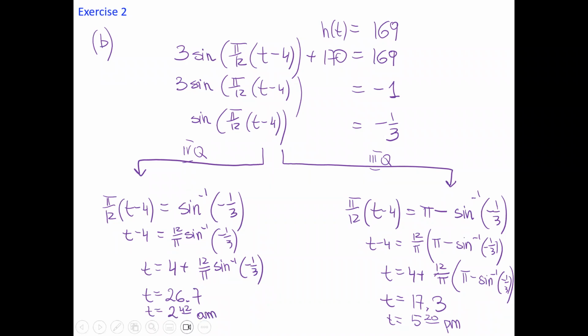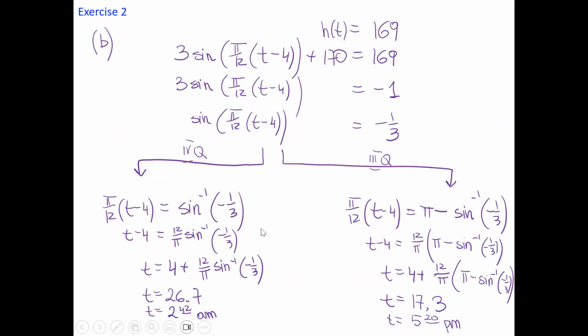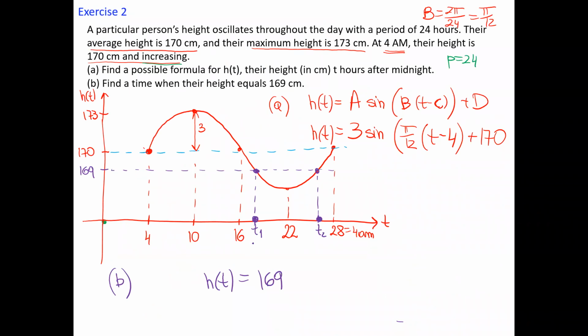To that 2 a.m. we probably have to add 24 hours. Let's check where we are. 17 is 5 p.m., and with the 0.3 that gives 5:20, perfect. That's the time.